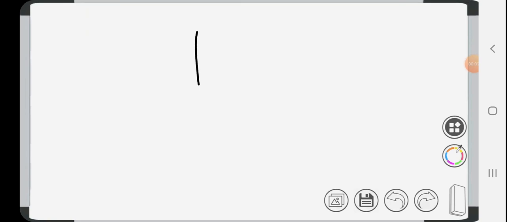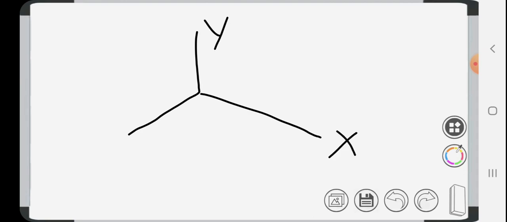Suppose, students, this is our Cartesian coordinate system. This is z, y. I am trying to teach you how we define a particular plane perpendicular to each different direction.